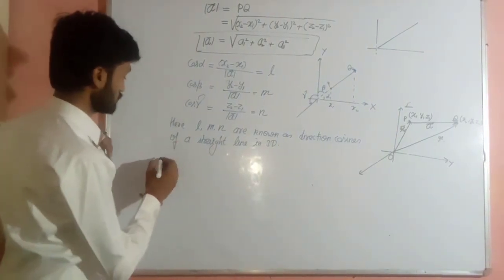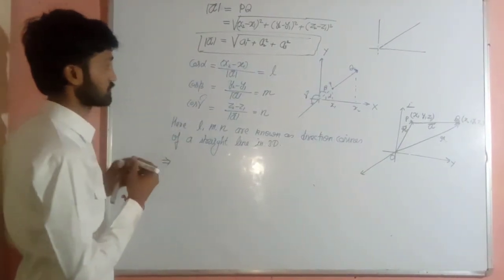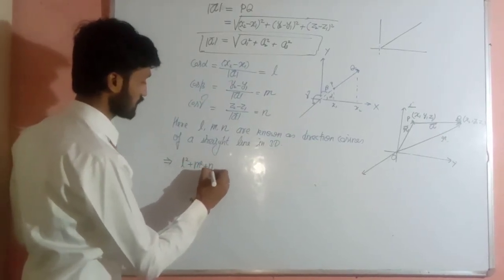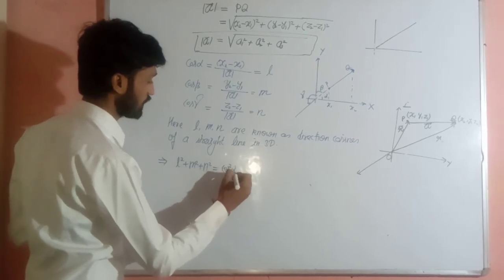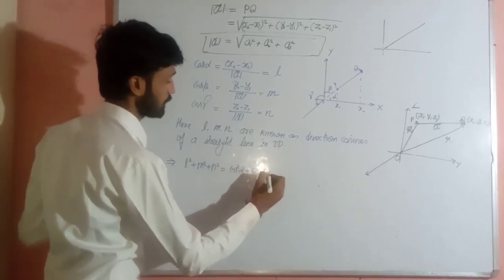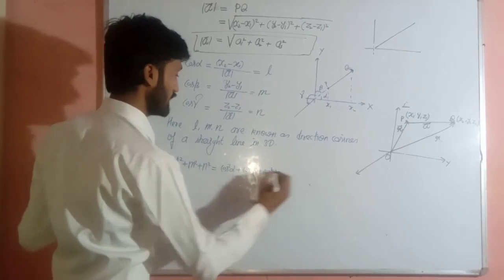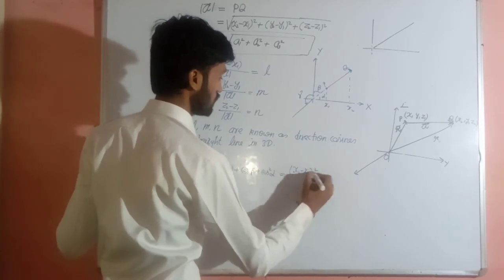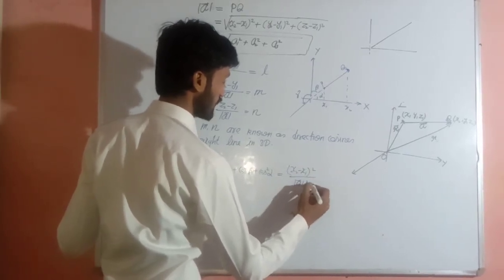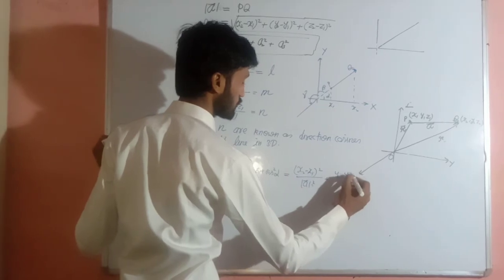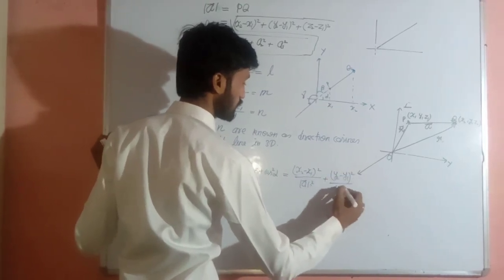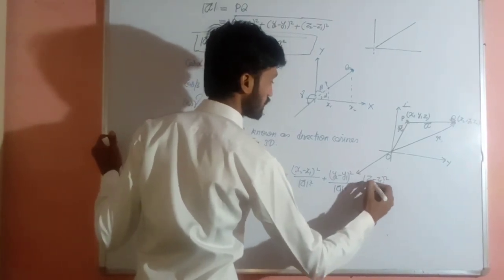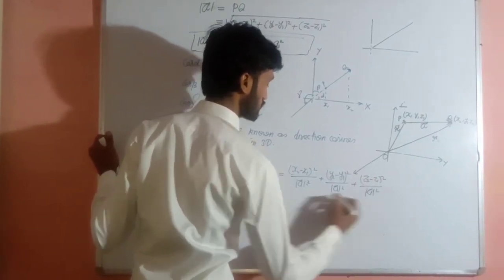Here, it implies that we take the sum of squares of direction cosines: cos square alpha plus cos square beta plus cos square gamma. Put the values here: (x2 minus x1) whole square by mod of vector A square, plus (y2 minus y1) whole square by mod of A square, plus (z2 minus z1) whole square divided by mod of vector A square.